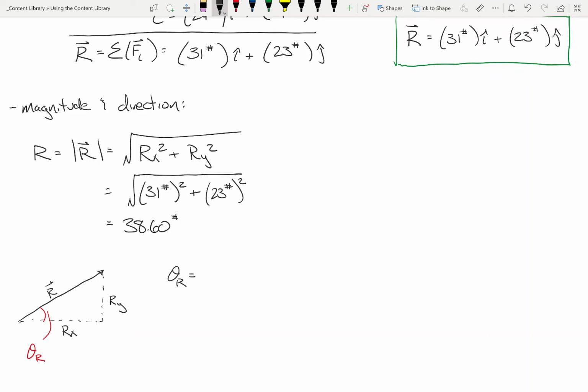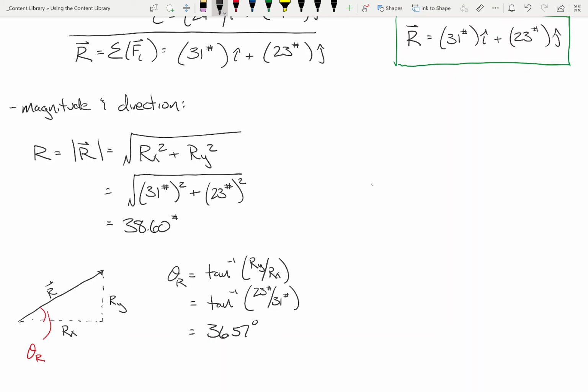The same way I've been doing it this whole time. And so maybe what I'll do is I'll say that that is that, and what do we get? 36.57. Degrees, right?